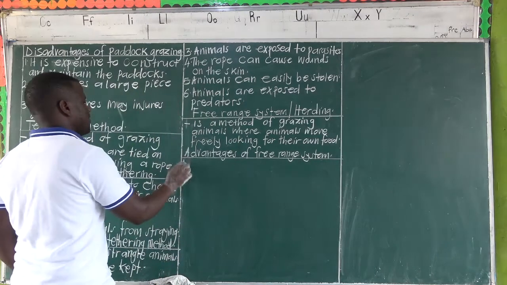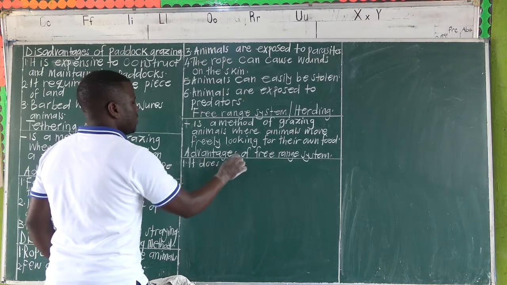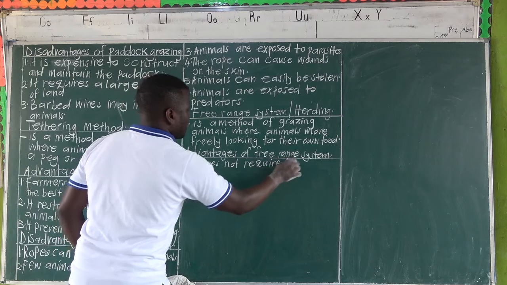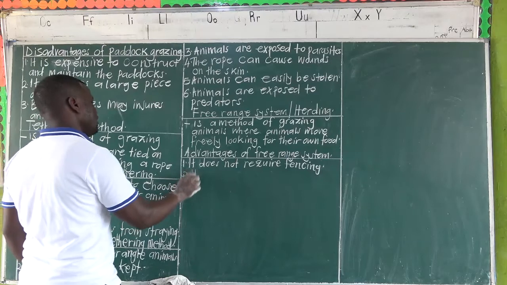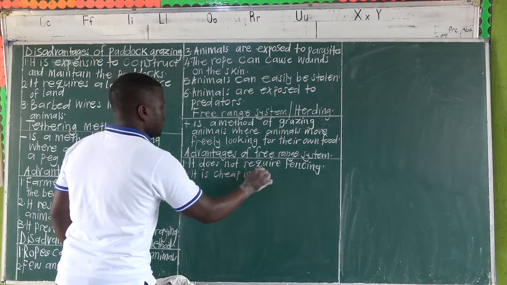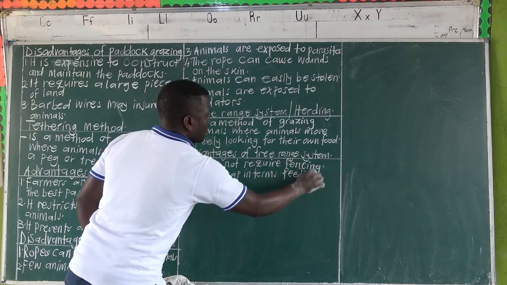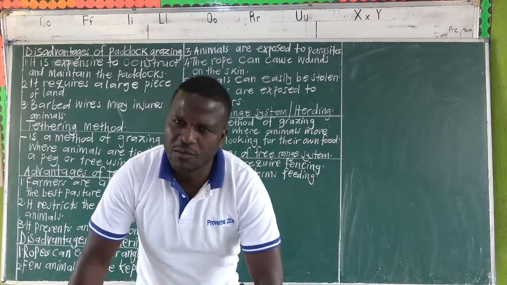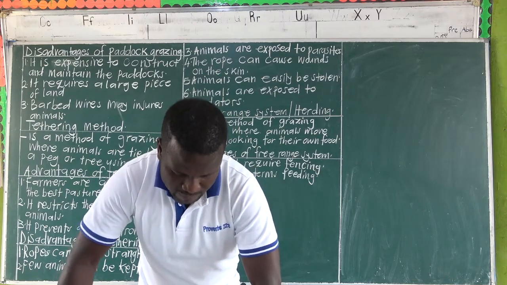It does not require fencing. It is cheap in terms of feeding because farmers don't buy food for animals. Animals look for their own food. So it is cheaper to feed them.